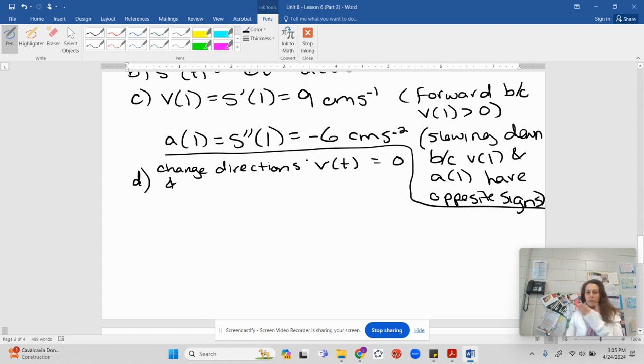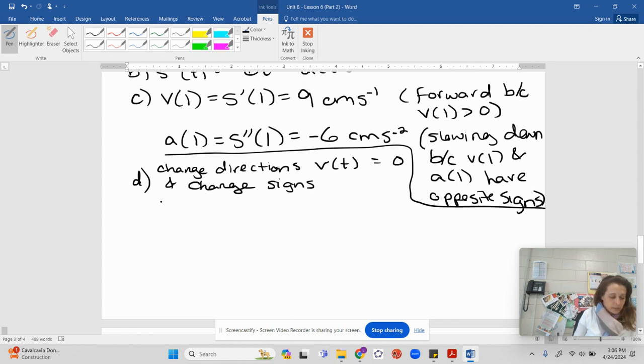That tells you it's going forward and then backward, or backward and then forward. It could just be going forward, stop, and then keep going forward. Then the velocity would be 0 at a point, but it didn't change directions. And so we need v of t to be equal to 0, and we need it to change signs on either side of that time.